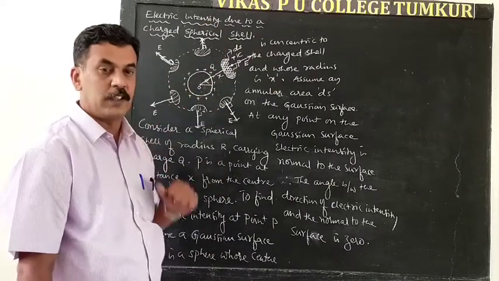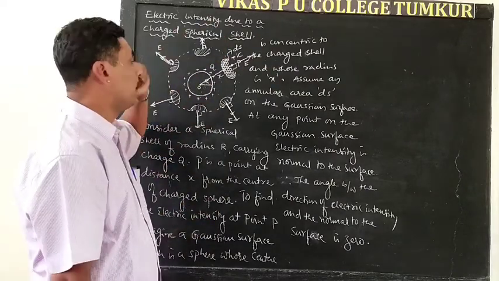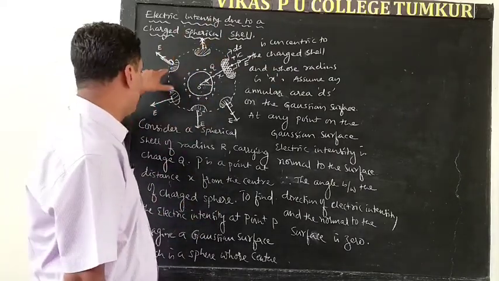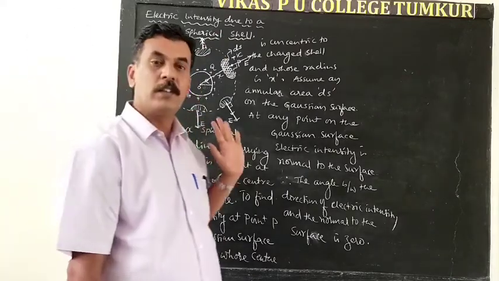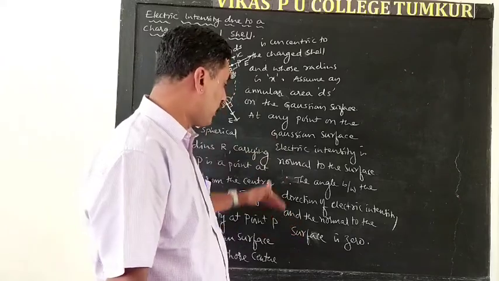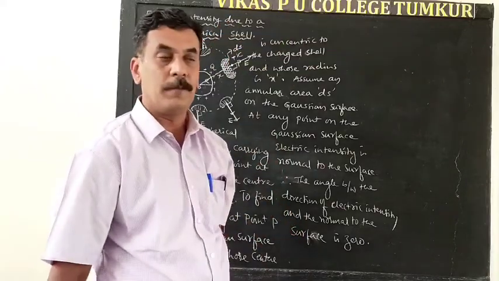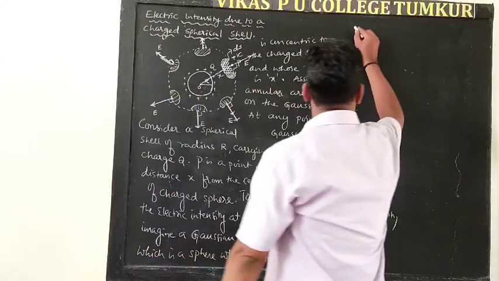Or you can also say that the normal component of the electric intensity at any point on the Gaussian surface is 0. Normal component coincide.